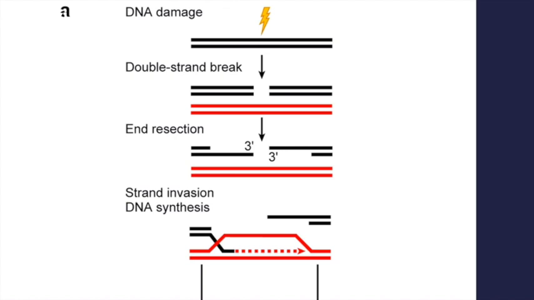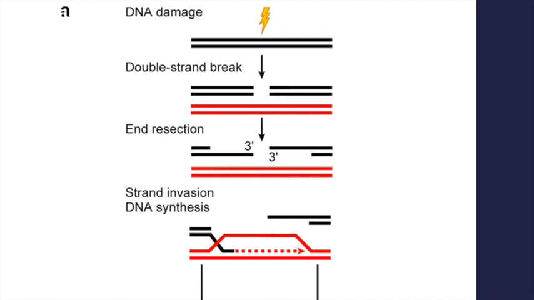Now, if you look at this last step carefully, you will see that the black strand or the black region which is getting continued over the red region or the red strand of the sister DNA, this is the DNA which has suffered the damage. I mean, the black DNA is the one that has suffered damage.